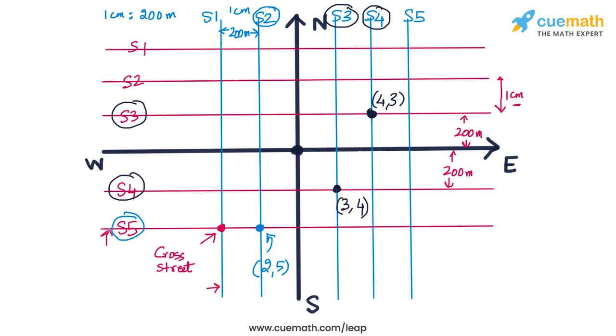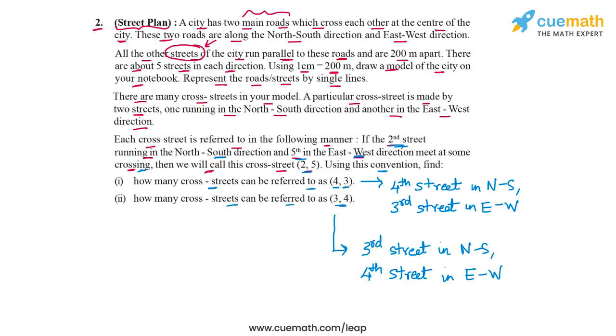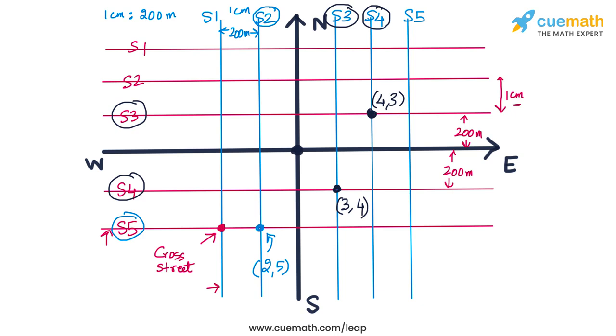Now the question was basically asking us how many cross streets can be referred to as 4, 3 and how many cross streets can be referred to as 3, 4. So going back to our figure, we can see that there is only one cross street which has 4, 3 position and only one cross street which has 3, 4 position. So these positions are unique.